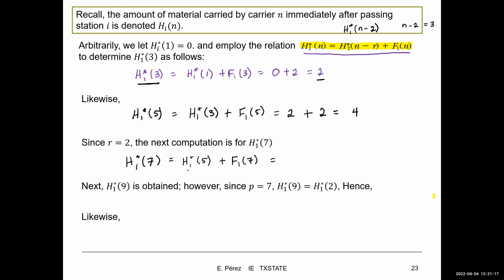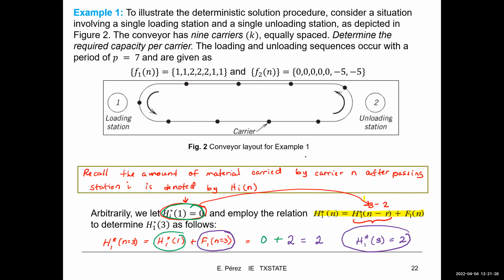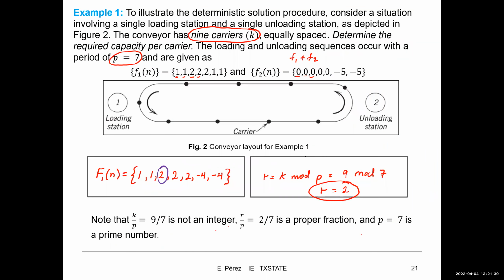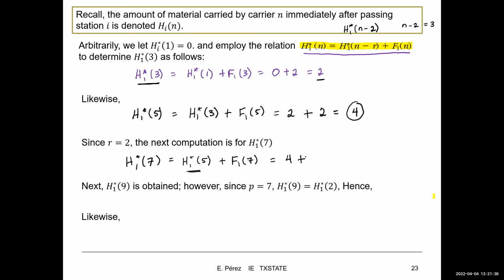So I know the value of this is right here, 4. So this is 4 plus F1 of 7. So this is 5, this is 7. So this will be minus 4. So this will be 0.